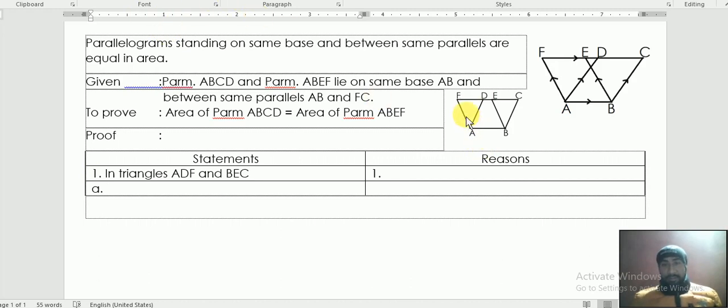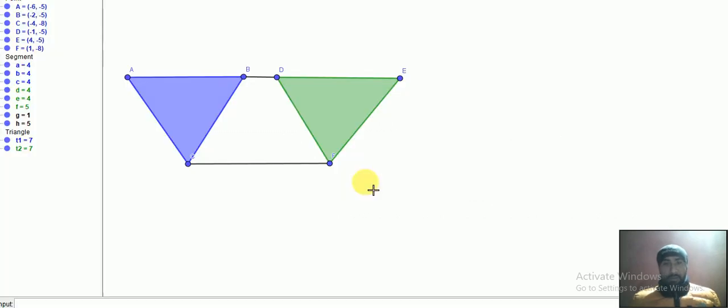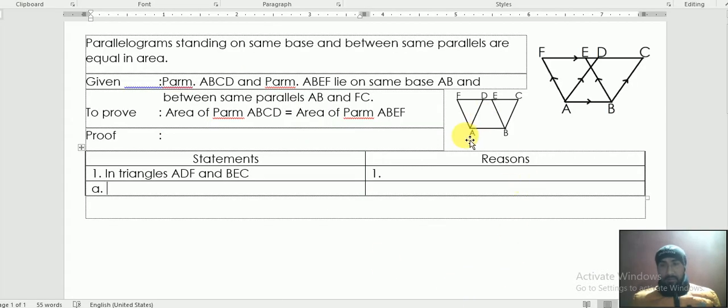In this figure, AF and BE are parallel to each other. So this angle is equal to this angle: angle AFD is equal to angle BEC. These two angles are F-shaped angles, which are corresponding angles.